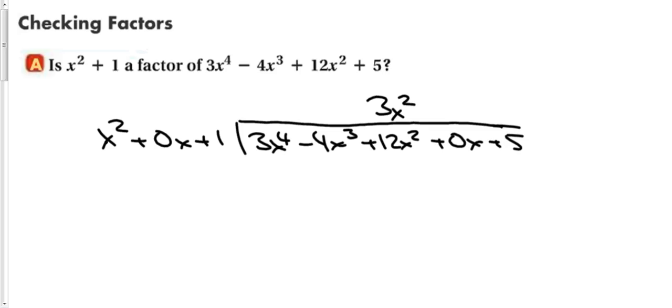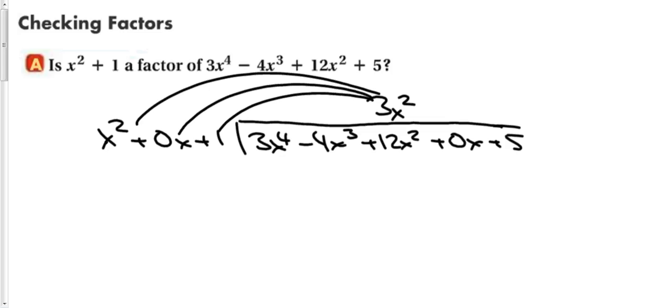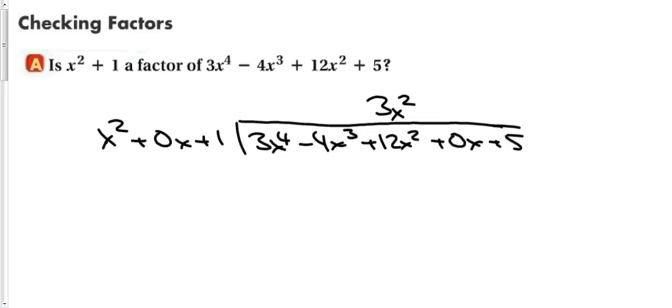So multiply, and I'm going to multiply the 3x squared by all 3 terms to get 3 terms down here. 3x squared times x squared gives me 3x to the fourth. 3x squared times 0x gives me a 0x to the third. That's okay, it's okay to get 0 terms.